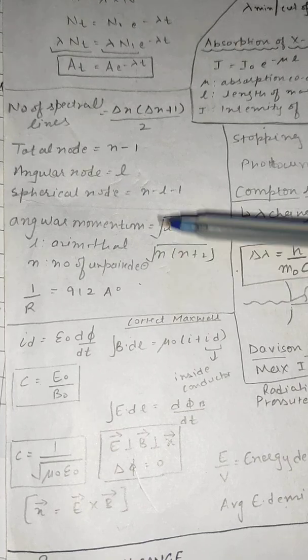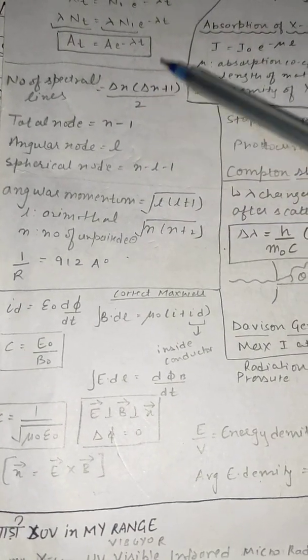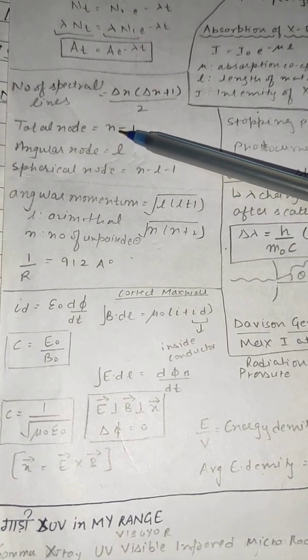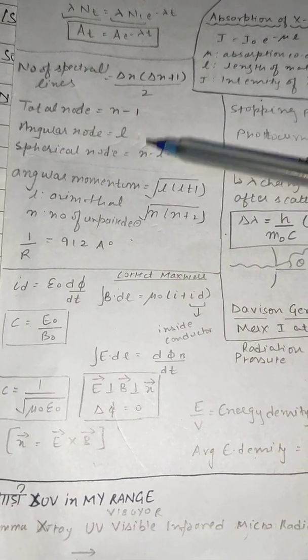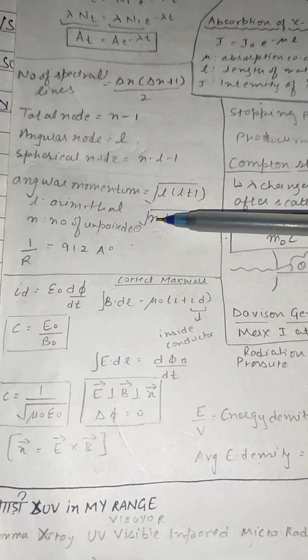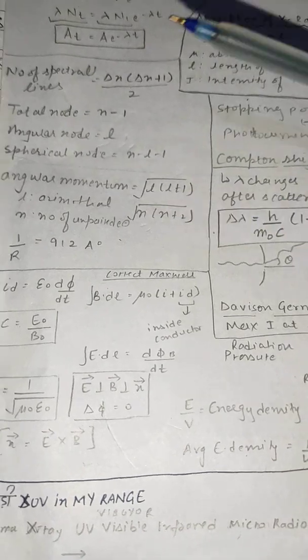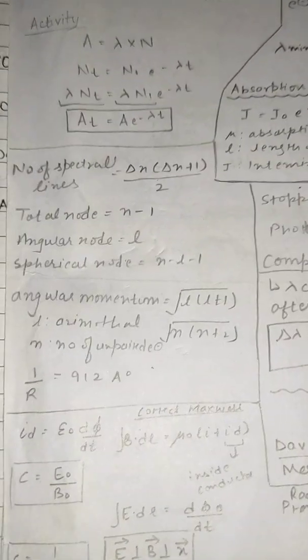Please bear with me for using the same symbol three times. All three of them mean different things. The n in the total node and the spherical node means the principal quantum number. This n is the number of unpaired electrons in an electronic configuration, and this delta n denotes the difference between the spectral lines. That's all about the atom chapter.